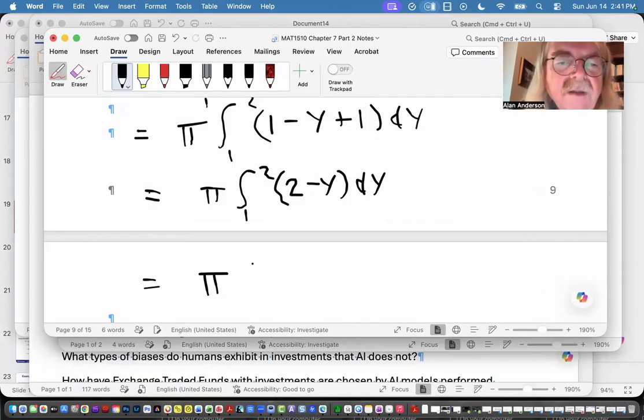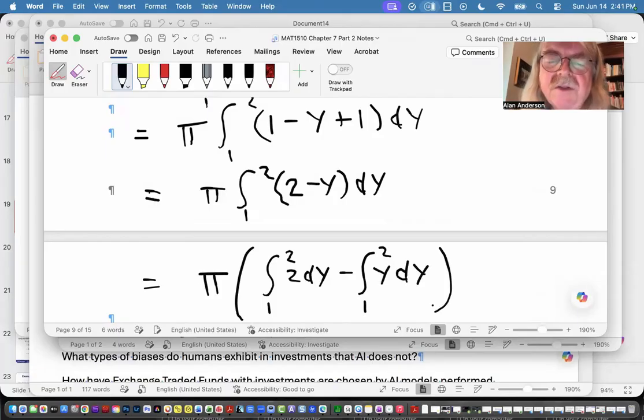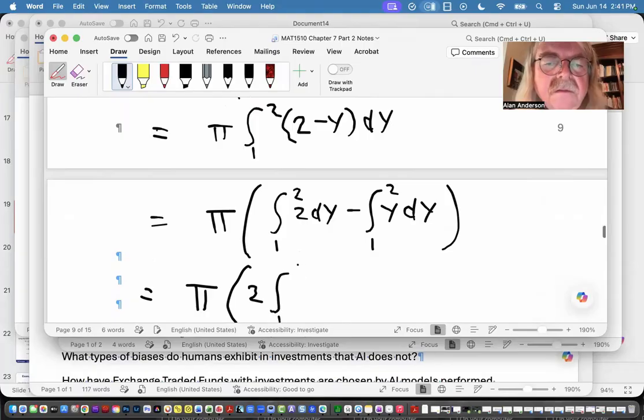All right, so when we integrate 2, let's see, let's break it up into 2 pieces first. That way it'll be easier to see what we're doing. Yeah, this is better. Okay, great. Now this 2 can be factored out. I always want to factor them out.